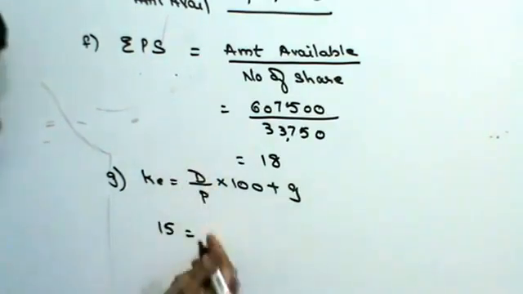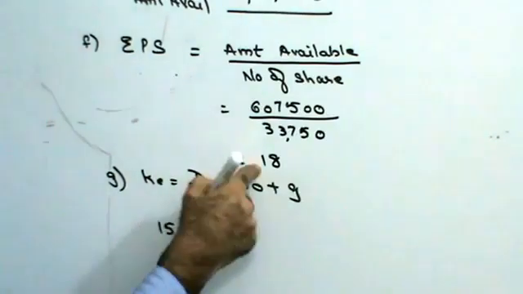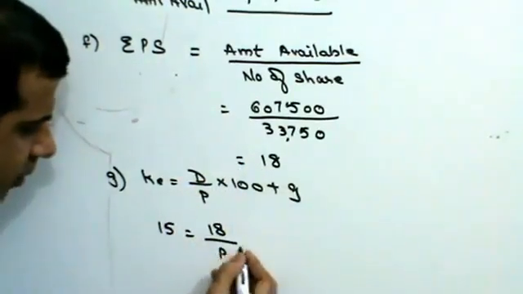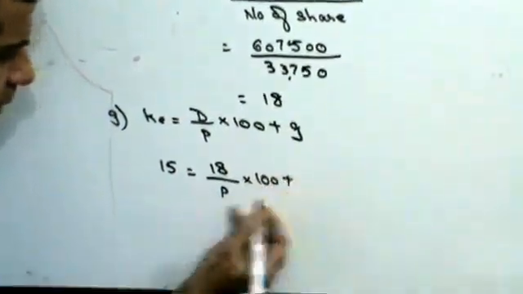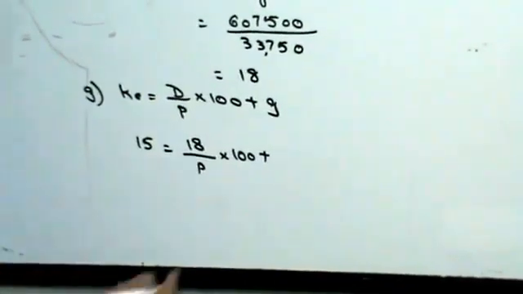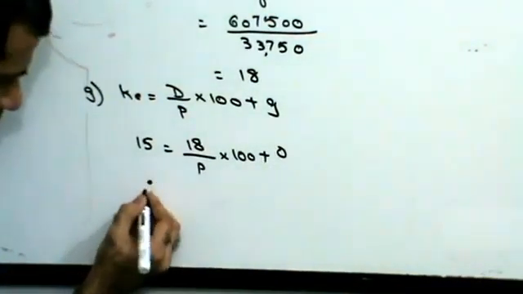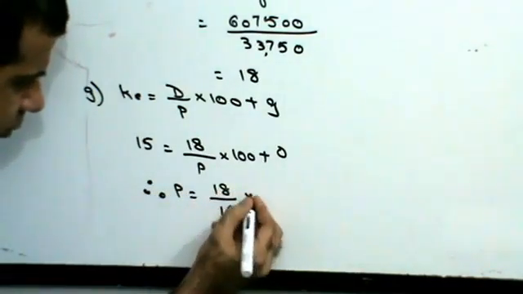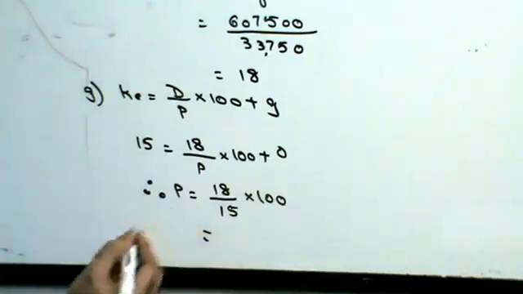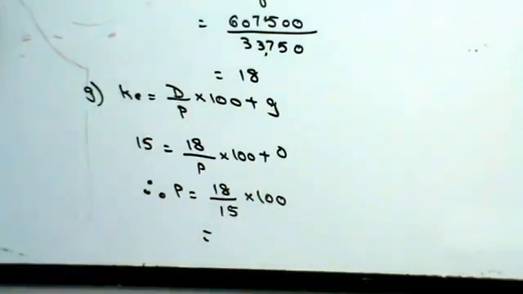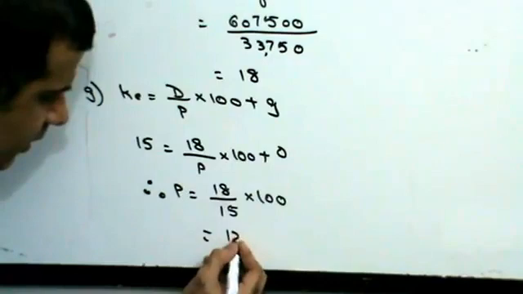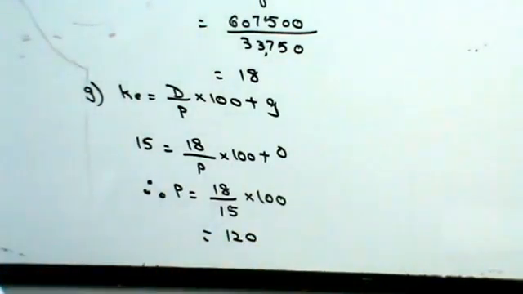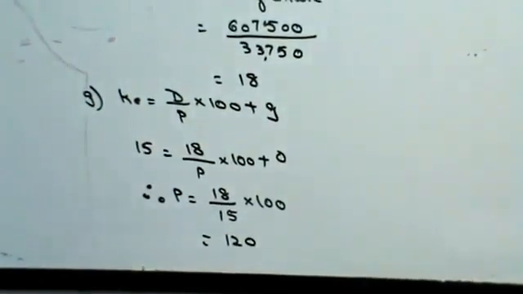Dividend we just found out is going to be 18 per share. That's your EPS upon market price into 100 plus growth. They haven't specified anything about growth, so you'll have to take growth as 0. Therefore, I can say that market price of the share is 18 upon 15 into 100. When we calculate this, you will get the market price of the share as 120 rupees. So the market price of this particular share is going to be 120 rupees.